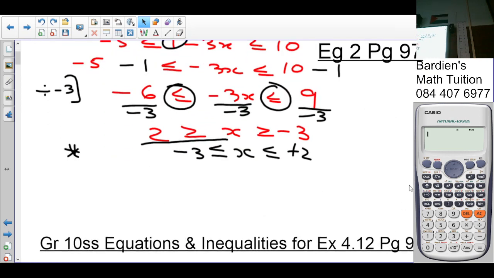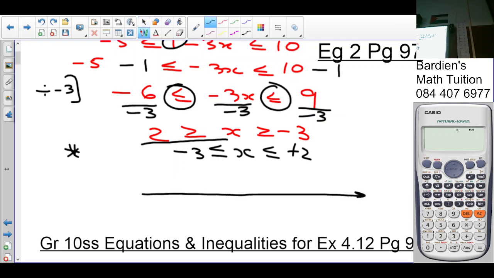Right. So the question is to represent this on a number line. What do I have on the number line? Negative 3 and 2. You all agree that negative 3 is smaller than 2.